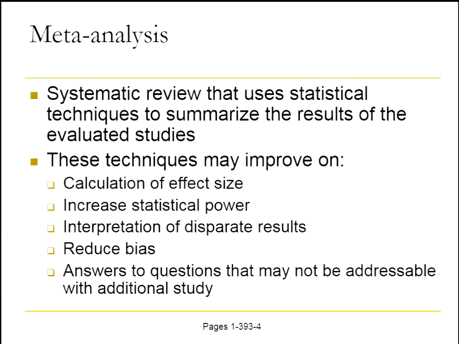That is, it gives us the ability to increase our statistical power in an effort to combine results perhaps of smaller studies to make some conclusions that we could not have made from those smaller studies, or to interpret some disparate results that we've had from smaller studies, and we'll look at an example of that in just a second.